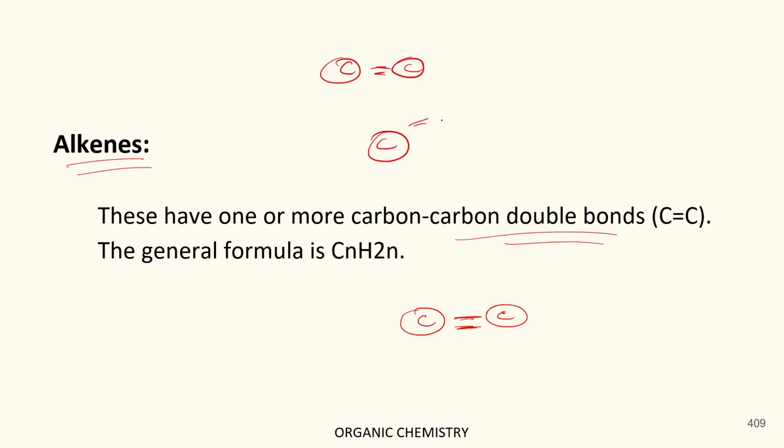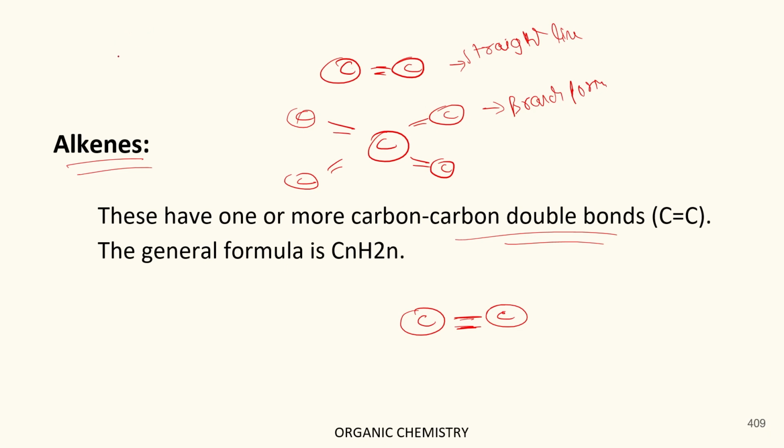Thereafter you can say branch form, or this is a straight line example. This stands for branch form, and this stands for cyclic or cyclical. So it can also form these forms. Got it? And the formula is CnH2n. You can note it down.